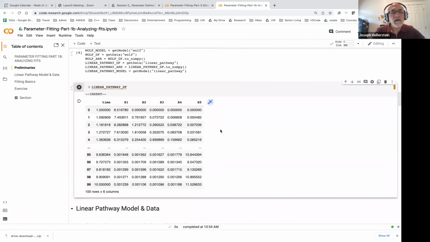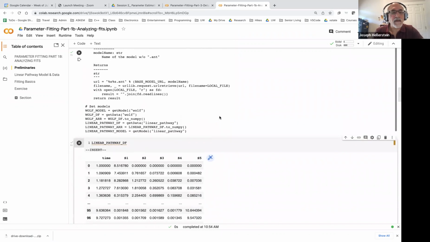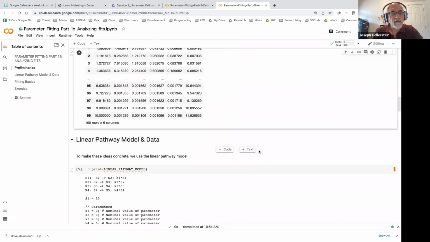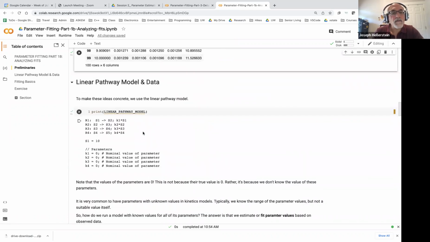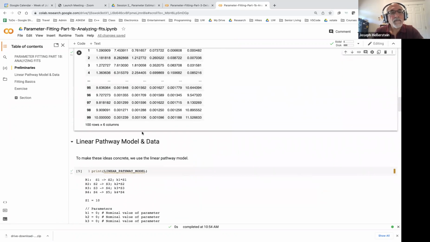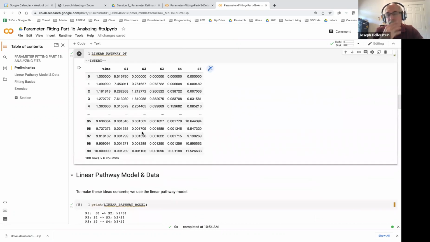This is the result of a simulation where I had assigned particular values to the kinetic constants, K1 through K5. By assigning those particular values, as it ran the simulation, I got these outputs. And so this is what a simulation output looks like.